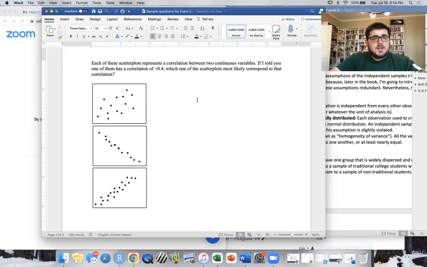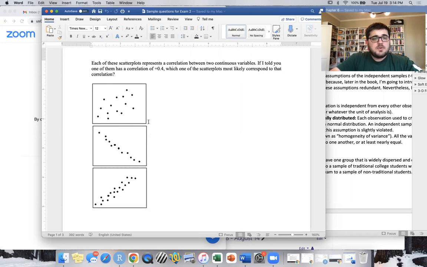Each of these scatter plots represents a correlation between two continuous variables. If I told you one of them has a correlation of positive 0.4, which one of the scatter plots most likely corresponds to that correlation? Well, right away, you can discount the middle one because it's not a positive correlation.